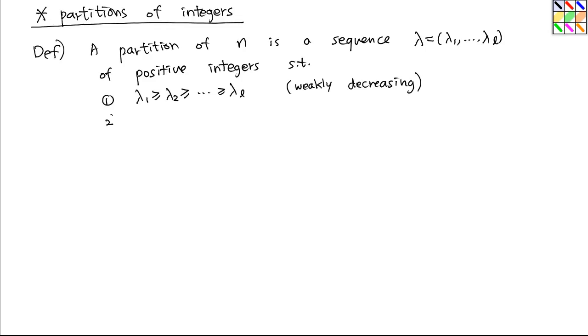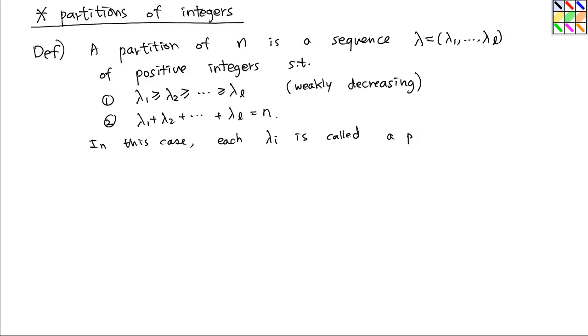And second, their sum is equal to n. In this case, we say that each lambda i is called a part, and the number of parts of lambda is denoted l of lambda.